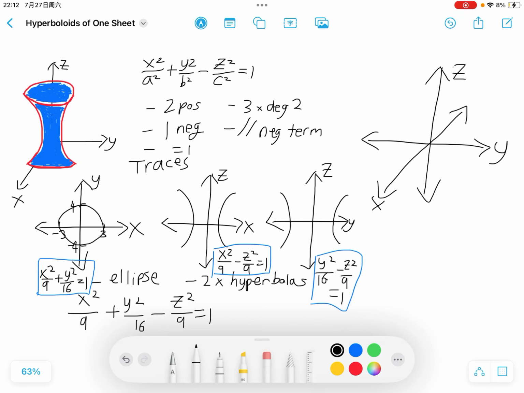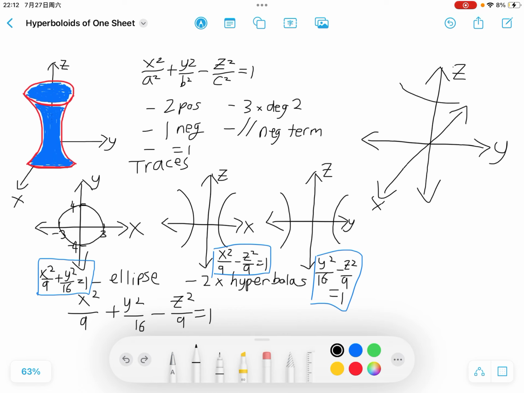The top view here, the xy view, is going to be an ellipse. It has x coordinates of -3 and 3, y coordinates -4 and 4. So this is our view from the bottom, and that's approximately our top view.